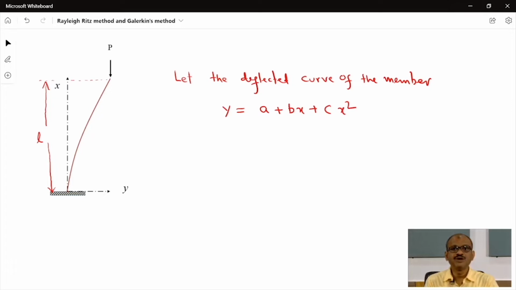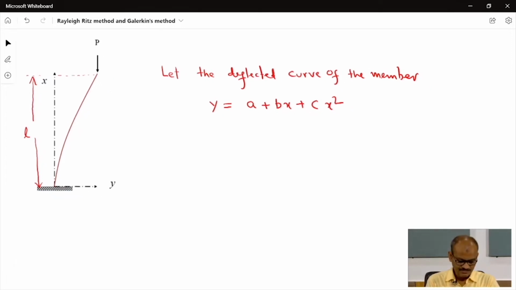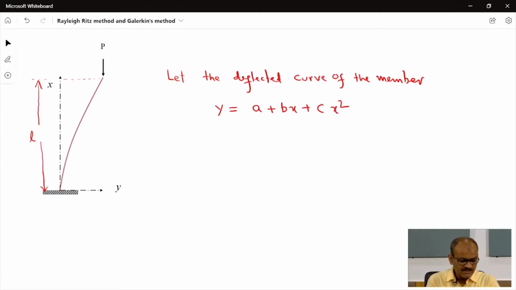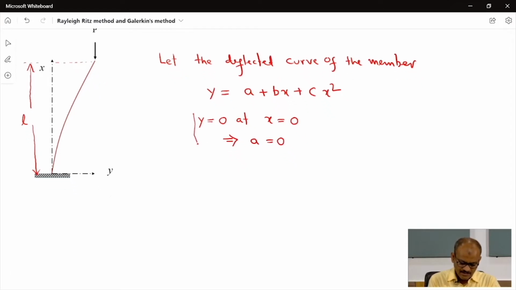We assumed a quadratic function, and let us substitute the boundary conditions. The first boundary condition is y is equal to 0 at x is equal to 0, which gives a is equal to 0. This is one condition which results in the constant value.